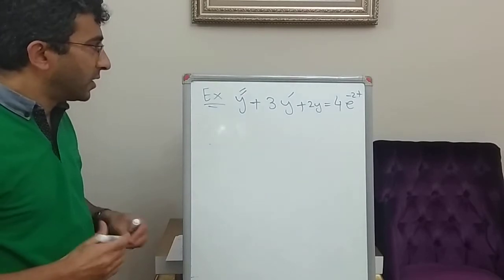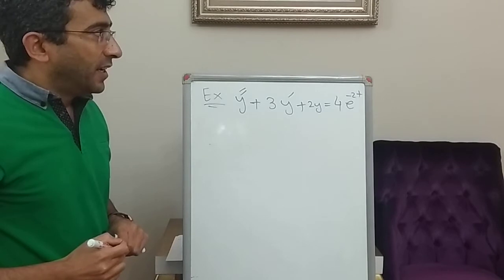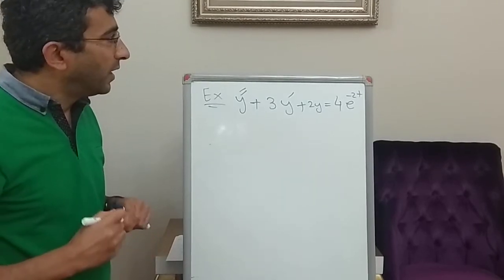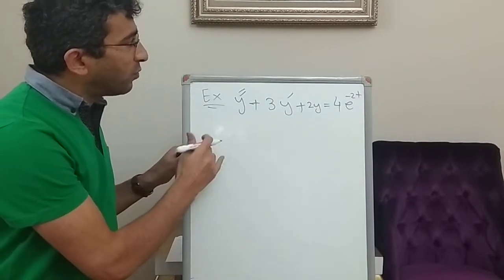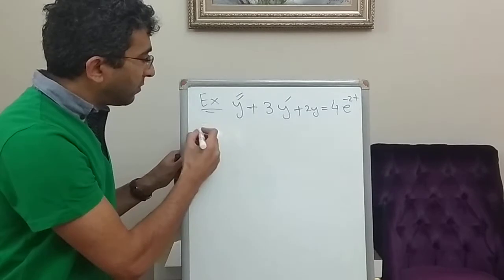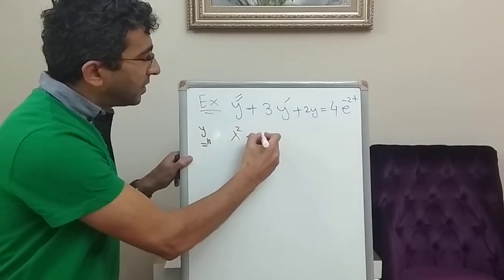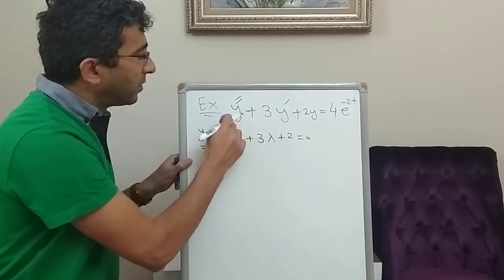Okay, this is what I have here. So again, I'm looking for two things, y homogeneous and y particular. So if you solve this for y homogeneous, I will write the characteristic equation. Lambda squared plus 3 lambda plus 2 is equal to 0.